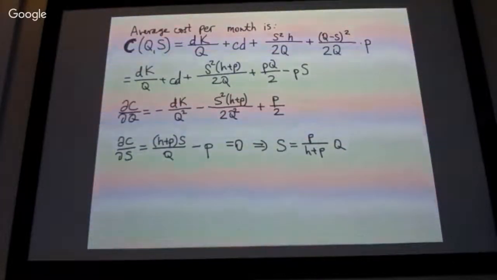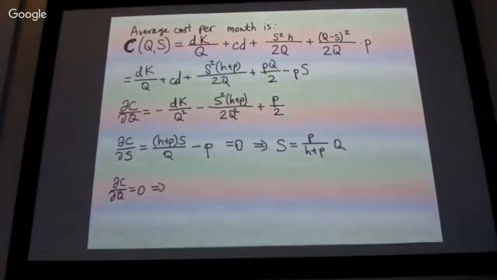Okay. So now when I go to the first derivative, rearrange, the derivative with respect to q equals 0. From this, what do I get? I want the quadratic equation. So if q is not 0, which we don't want it to be, because then we would never order anything and we'd never sell anything, and that's not good.